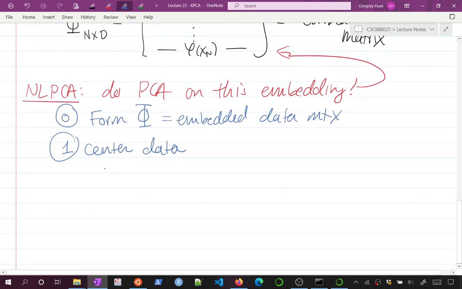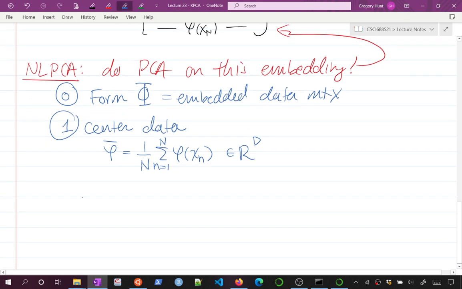So if I let phi bar be the average of my rows, basically the x bar of the embedded data, all I'm going to do is take 1 over n and sum up my phis. This is a vector in R^d. And I'm going to form what I'm going to call phi tilde, where I subtract this off of each of my rows.